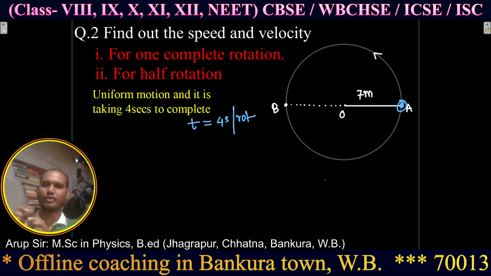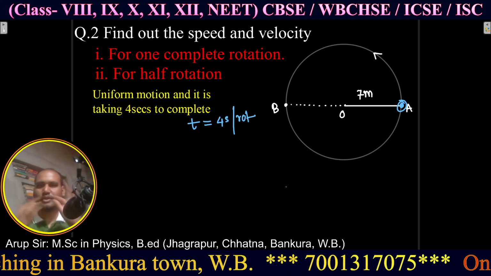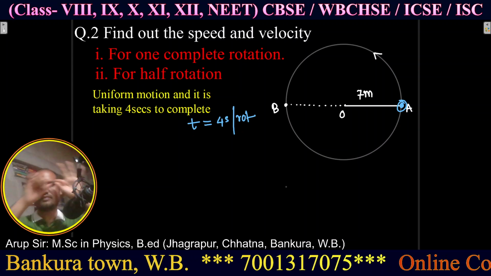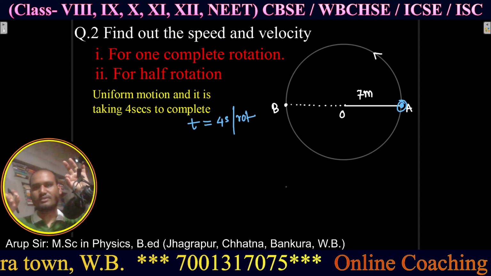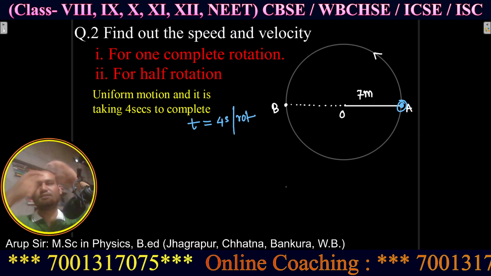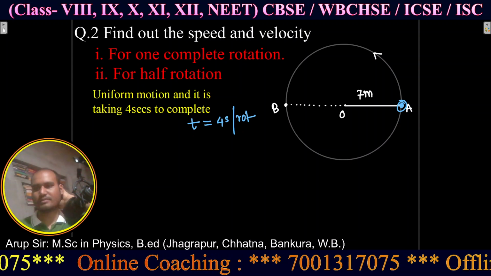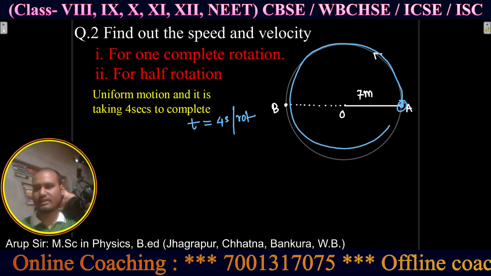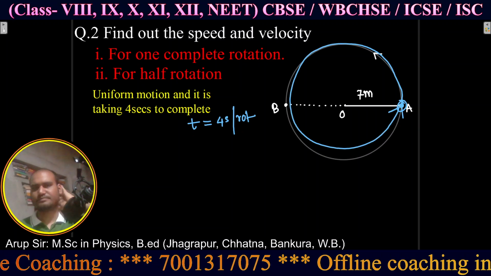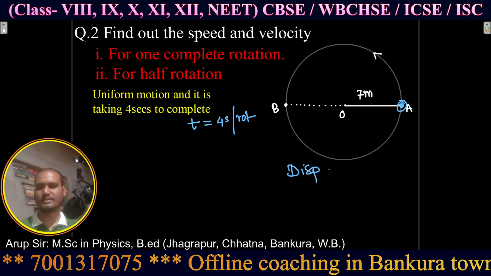If the points are the same, coinciding with one another, then how will you get a separation between the two? The distance is 0 between these two. So what is the displacement? Since it is going and coming to the same point, the displacement is 0 for this case. Okay, displacement is 0.